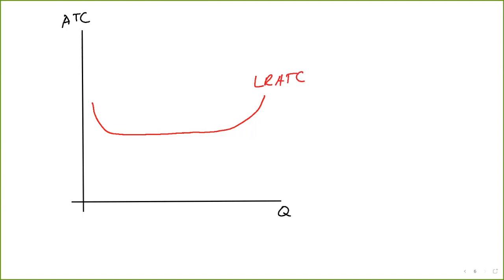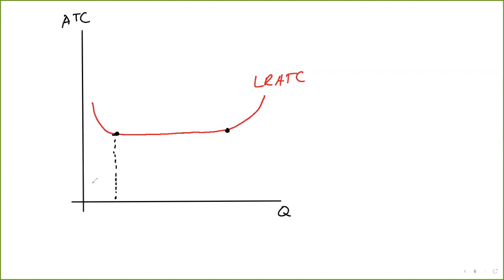So there's our typical long run average total cost curve, and we can divide the long run average total cost curve into 3 distinct regions. There's this region where we're decreasing. There's a region where we're flat, and then there's a region that's increasing.